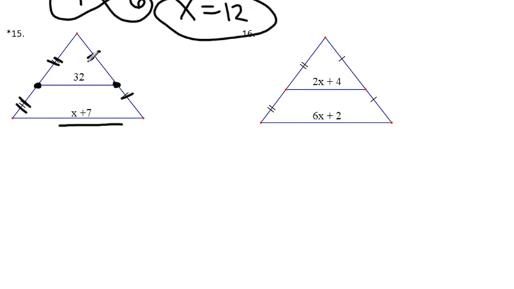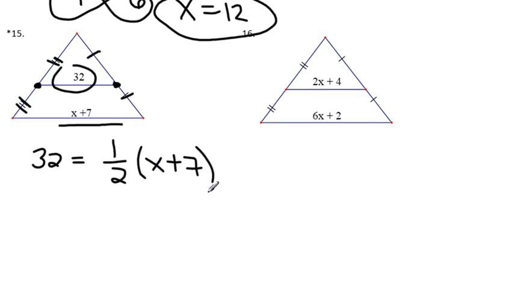So there's two ways to do this problem. You can say that the mid-segment, 32, is equal to half of the base, x plus 7. Or you can say that two of these 32s, or two mid-segments, make up one of the bases, x plus 7.